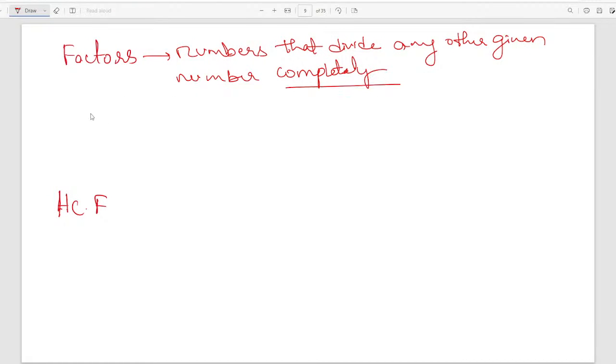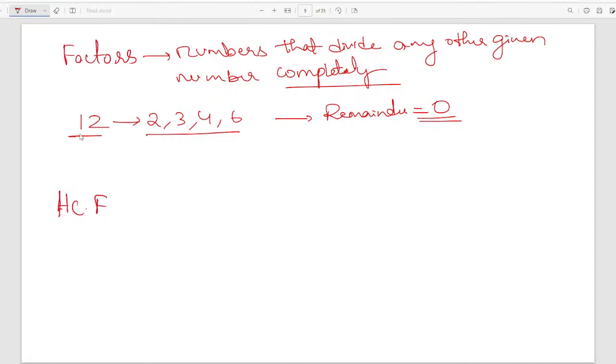For example, factors of 12, we discussed as 2, 3, 4 and 6. These numbers divide 12 completely, and when 12 is divided by 2, the remainder is equal to 0. So these are called the factors of 12.